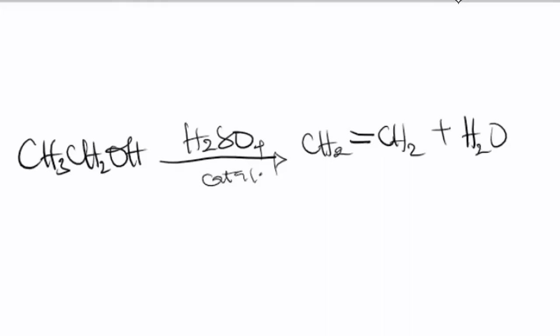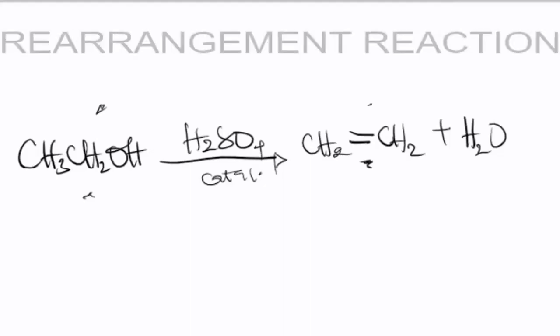So on the product side, I'll have an ethene plus water. So this is an example of elimination reaction. We form a double bond from a single bond, whereas in addition reaction we form a single bond from a double bond. So lastly, we'll talk about the rearrangement reaction.